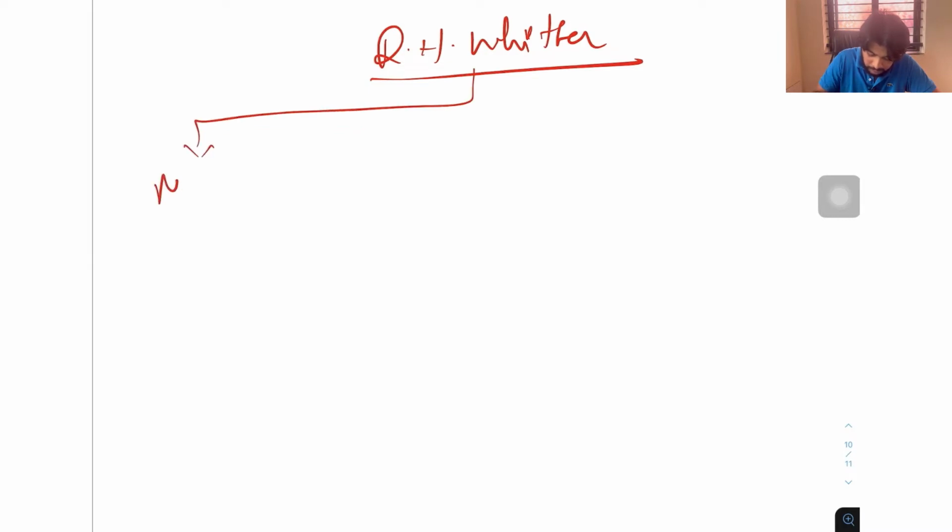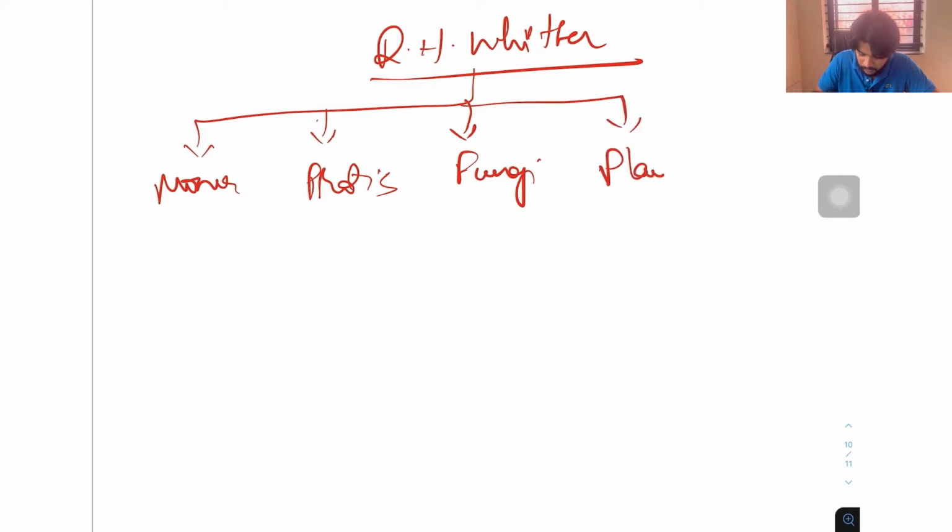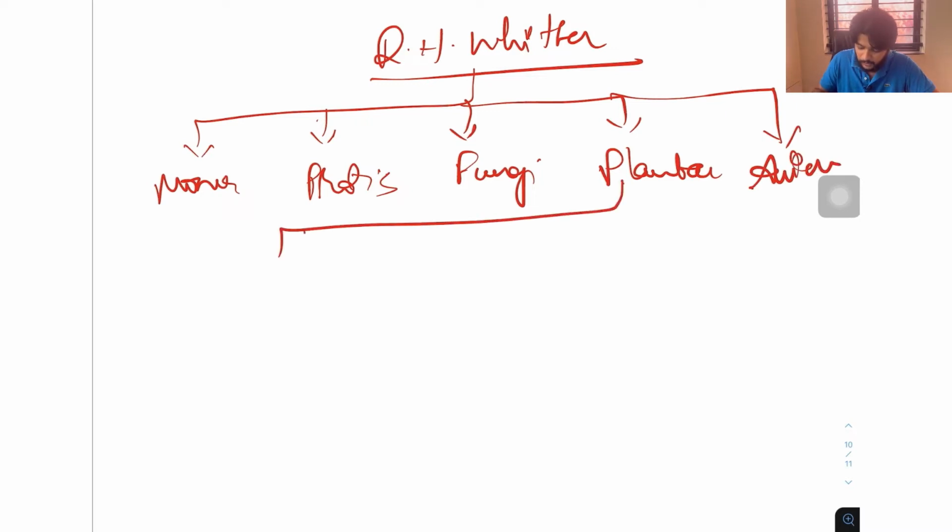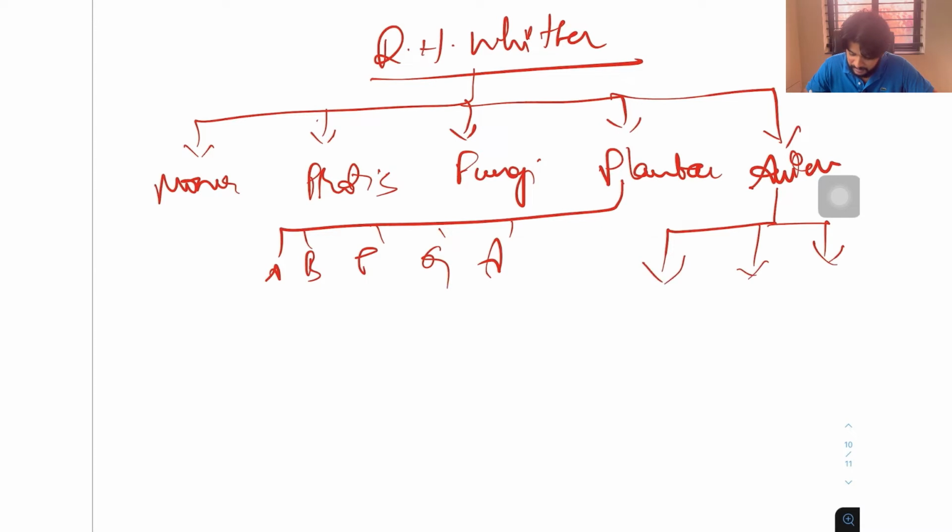Monera, Protista, fungi, Plantae and Animalia. Under Plantae we have again 5 divisions: algae, bryophyta, pteridophyta, gymnosperms and angiosperms. Again in animals we have a number of phyla. There are various phyla.